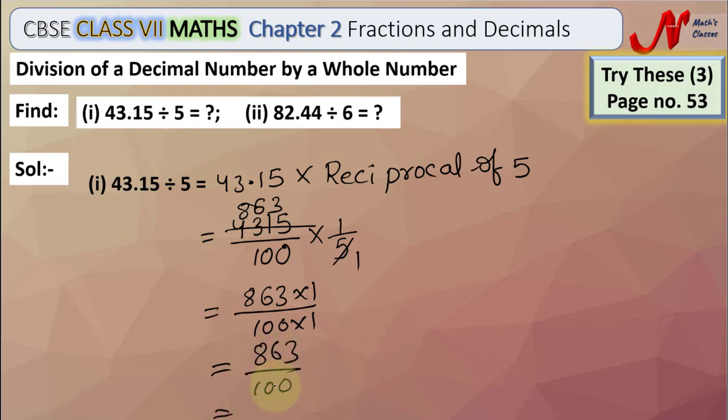In the denominator we have 2 zeros, so in the final result we keep the decimal point from right to left after 2 digits. So we get 8.63. Therefore 43.15 divided by 5 can be written as 8.63.